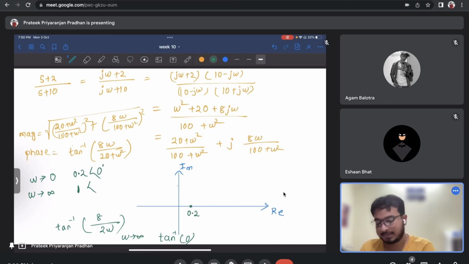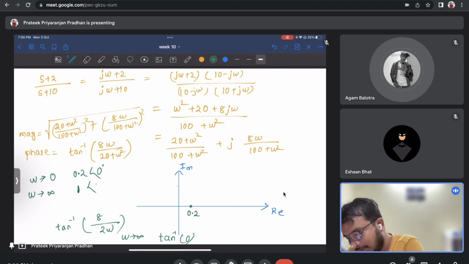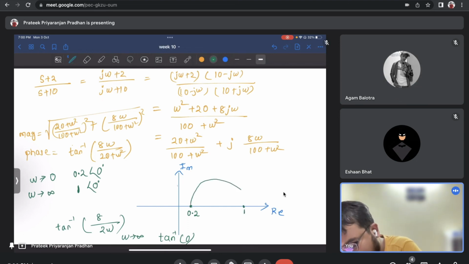Did you understand this part? Yes. So it will be 0 degree. So this will be for omega tends to infinite. It is at 1. So the diagram will be like this. It's coming to this.